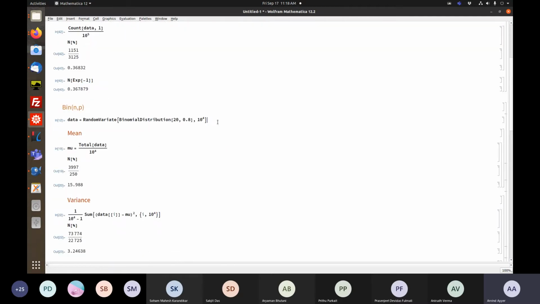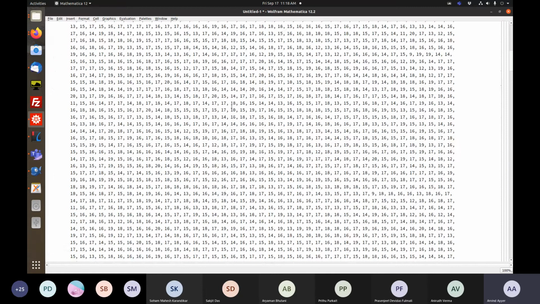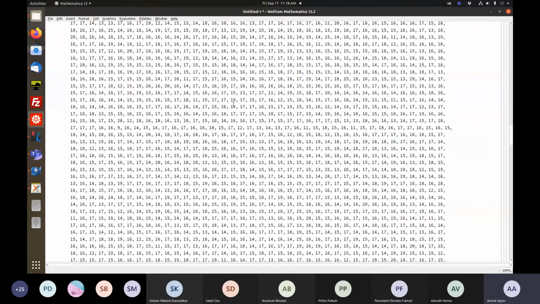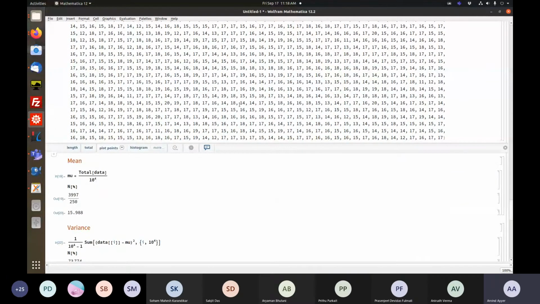Okay, so now here are my parameters. I'm simulating a binomial n, p random variable where n is 20 and p is 0.8. Okay, and again I'm taking 10,000 samples. So now these will look between 0 and 20. Again, just staring at these numbers might not particularly help.